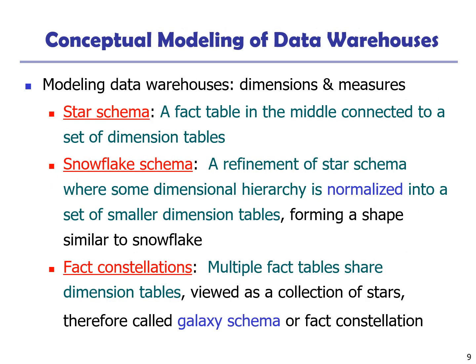Now, when we want to model data warehousing, we have multiple types of models, but we're going to study three types. We're going to talk about the star schema, the snowflake schema, and the fact constellation.